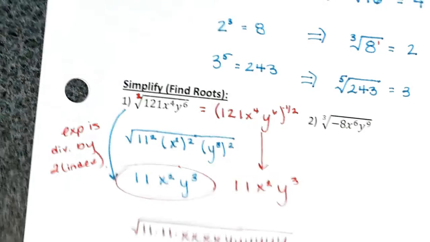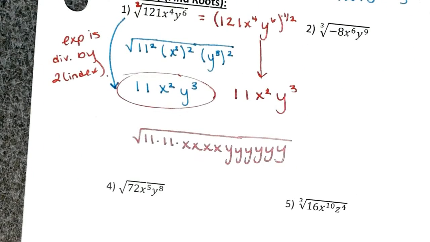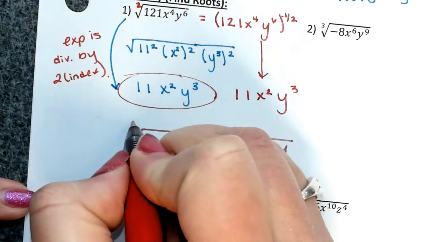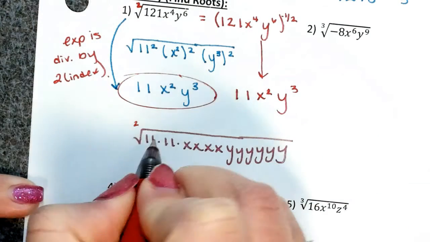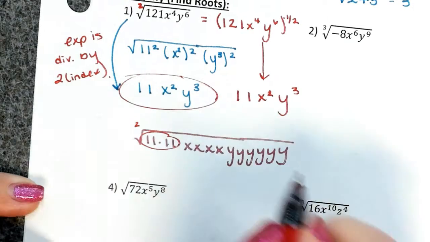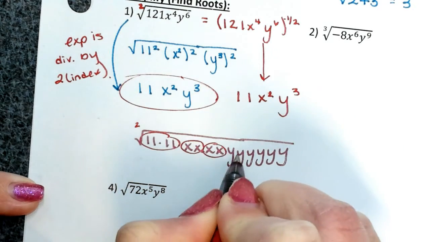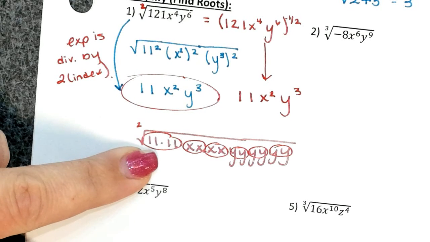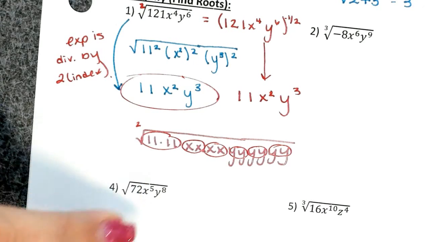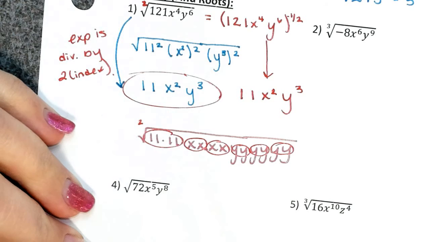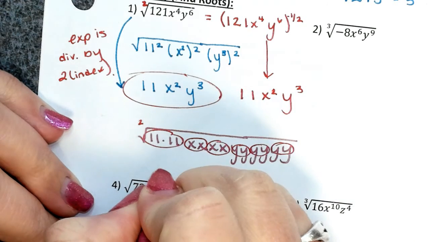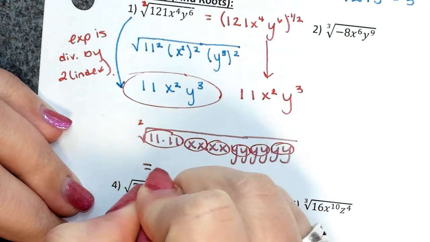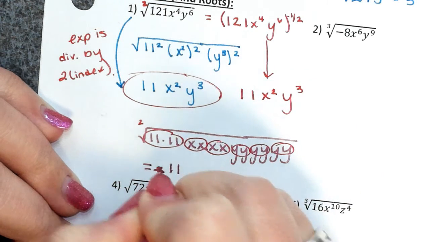And because the index is a 2, these have to pair before they can come out. These pair, these pair, these pair, these pair, and these pair. So how many pairs of 11 do you have? 2 makes a pair, but you only have 1 pair. So your answer here would be 11.